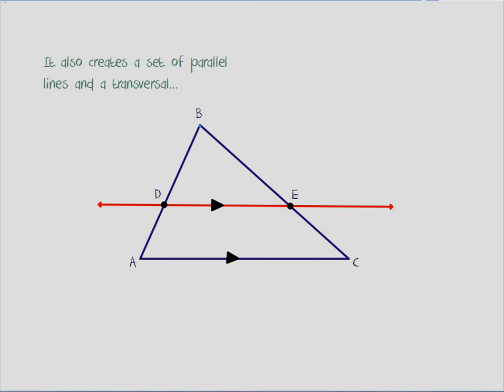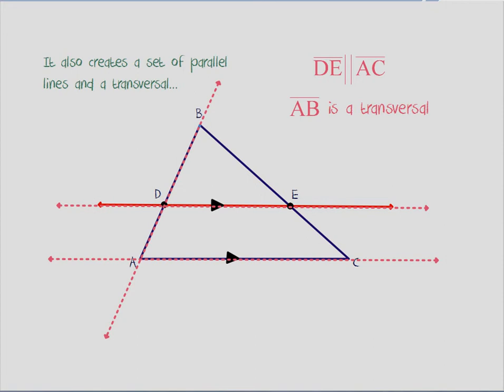It also creates a set of parallel lines and a transversal. So make sure that you know about parallel lines and transversals before you continue. Since DE and AC are parallel, that means that BA or AB is a transversal, right?